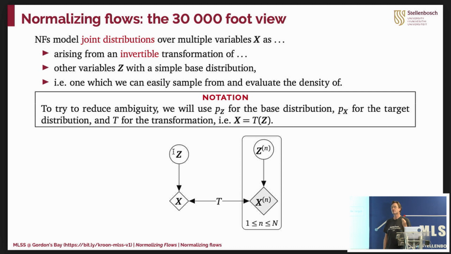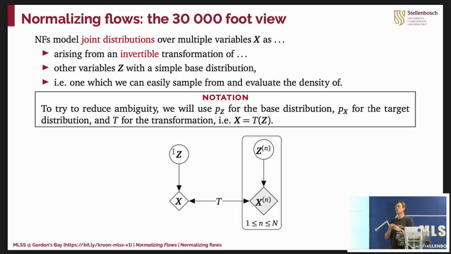And we require that this transformation T is something that we can invert, so that there's a one-to-one mapping between values in the domain of the base distribution and the domain of the data distribution. And this requires that those two variables have the same dimension.